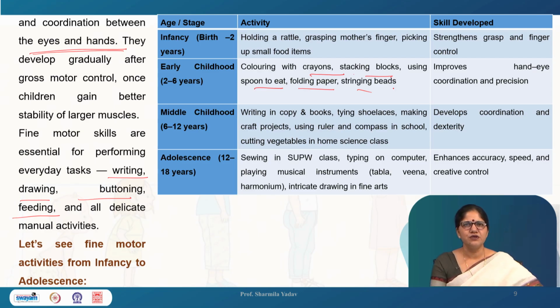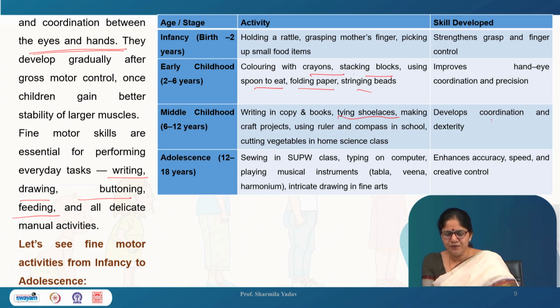In middle childhood from 6 to 12 years, writing in copy and books, tying shoelaces, a very important milestone at this stage, making craft projects, using ruler and compass in school, cutting vegetables in home science classes. And the skills developed are coordination and dexterity.